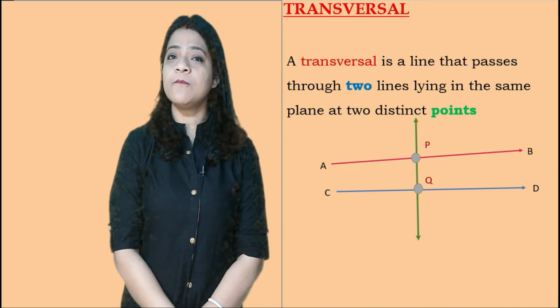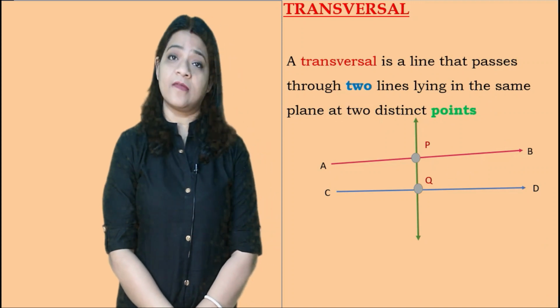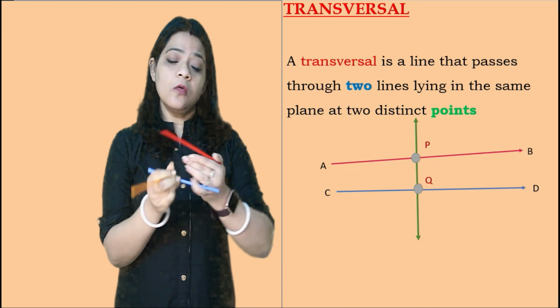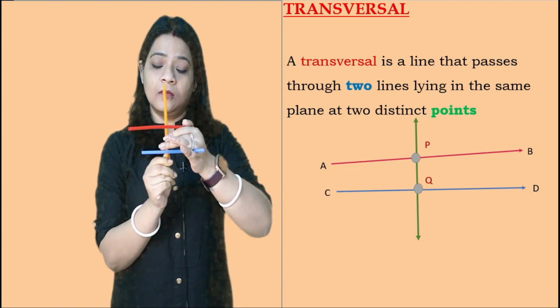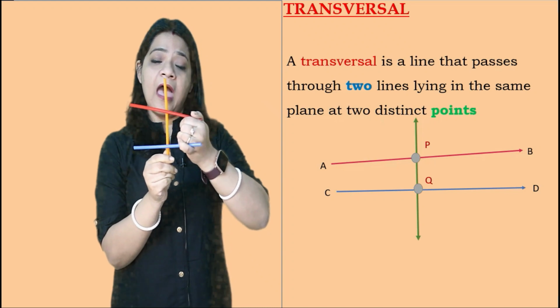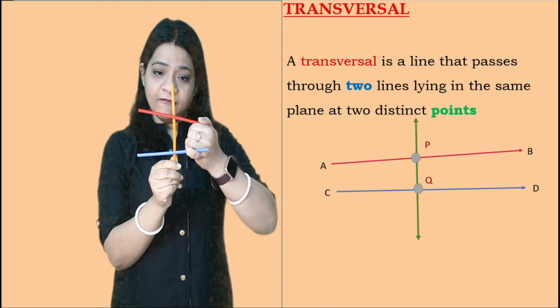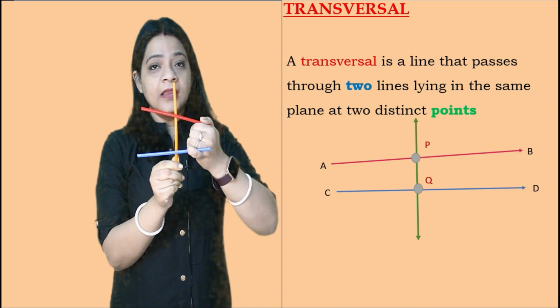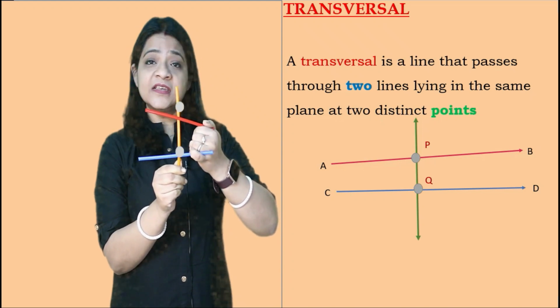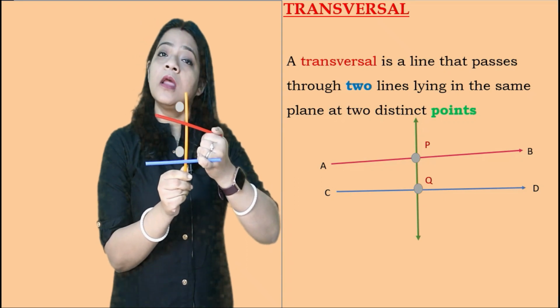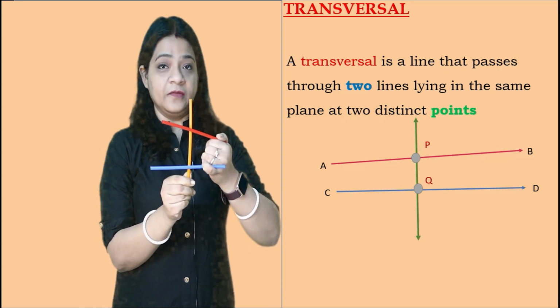The next most important topic is, what is a transversal? Suppose you are given two lines AB and CD, and we have another line EF in such a way that it cuts AB and CD at two distinct points, so we call EF a transversal.